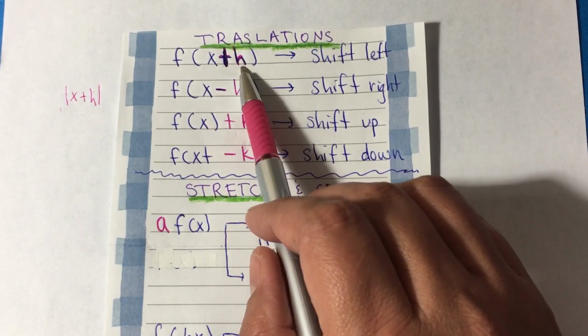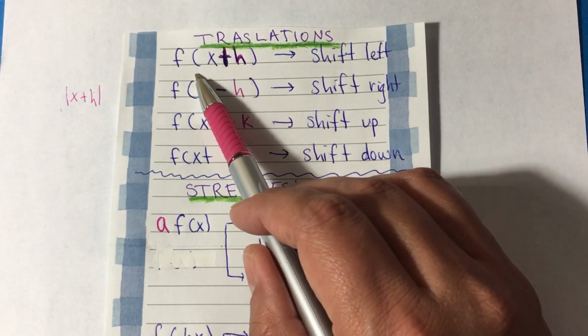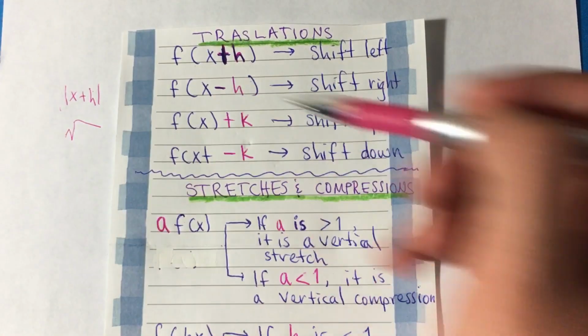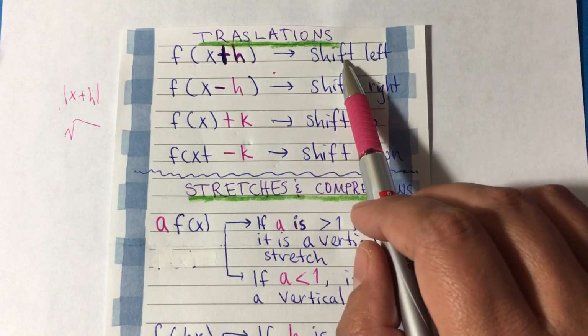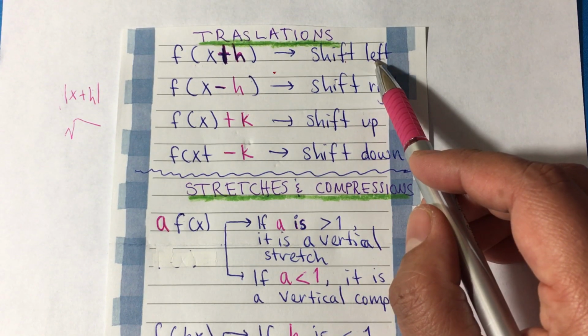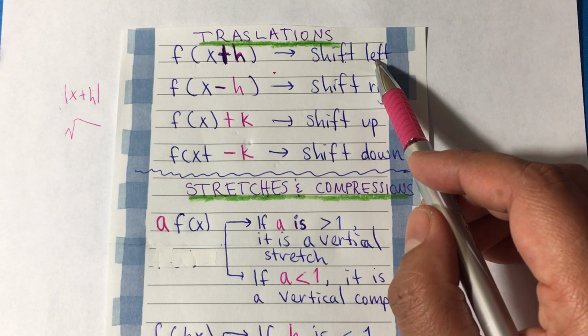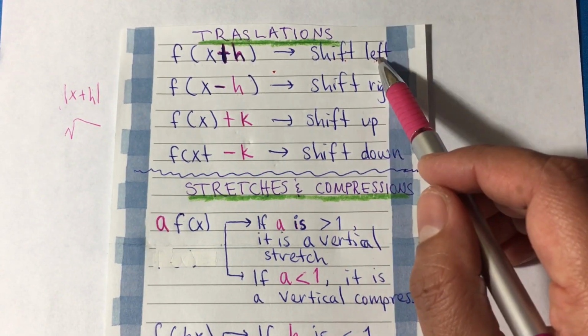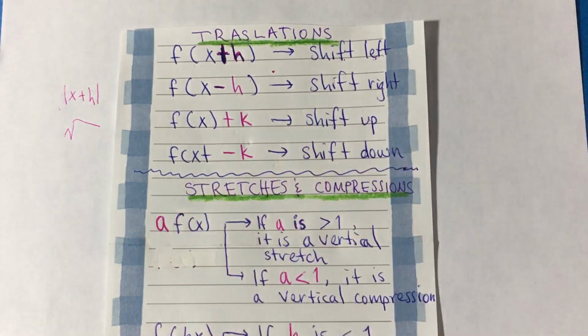Again, if you're adding inside of a parenthesis or the absolute value or the square root, then you're going to shift the mother graph left. And I know this might not make sense. It's going to make more sense once we start graphing the example, but you just make sure that you take these notes so that when we're using it, you come back to it.